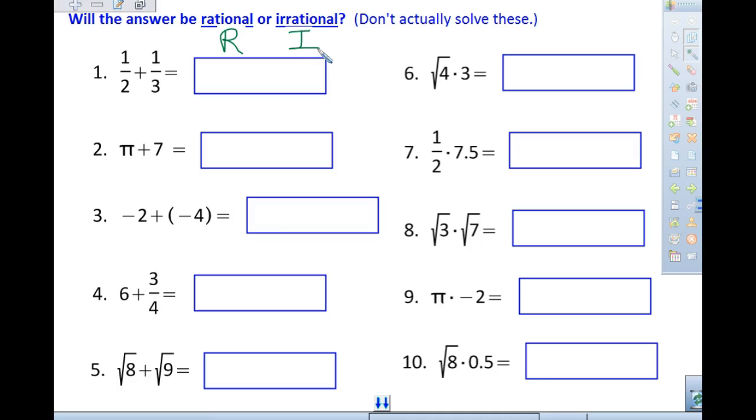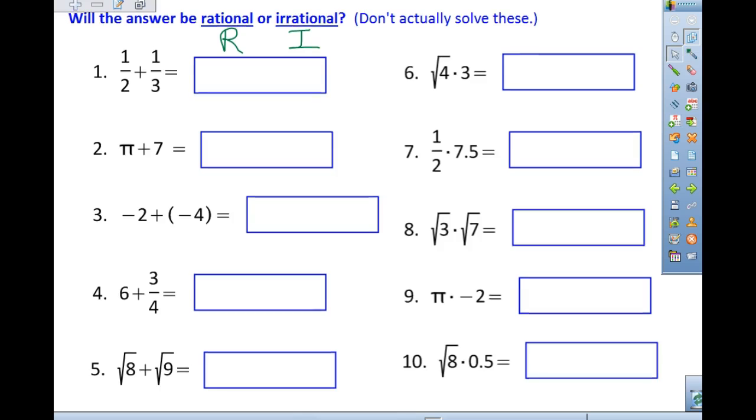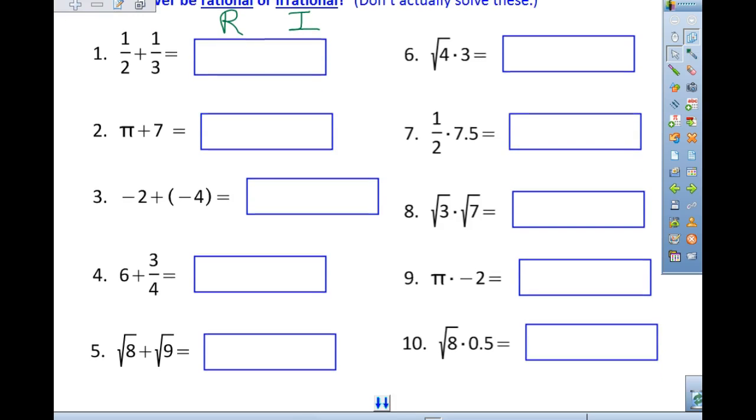Don't solve it. Just put the R or the I. Talk. If you have not done the second column, quietly please, do the second column.